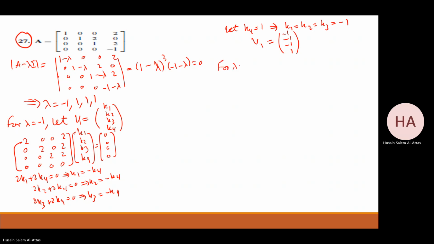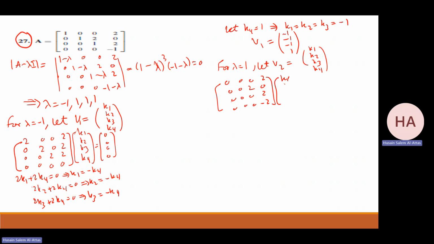Now for lambda equal 1, I let V2 be K1, K2, K3, K4. That would be 0, 0, 0, 2, 0, 0, 2, 0, 0, 0, 0, 2, 0, 0, 0, minus 2, times K1, K2, K3, K4 equals 0, 0, 0, 0. So I have 2K4 equals 0 and 2K3 equals 0 and minus 2K4 equals 0, which is the same.